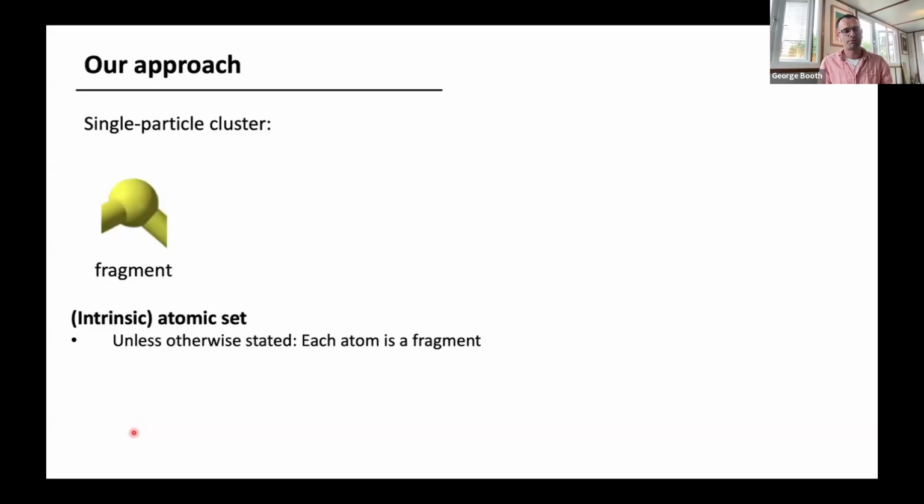Okay, so first of all, our approach to ab initio quantum embedding in this projection-based approach. We first of all need to build up this single particle cluster, and we start off by taking a fragment or an impurity degree of freedom, right? So if we're dealing with ab initio systems, I'm assuming in the rest of this talk that our fragments or our impurities, if you want to use that terminology, just consist of the valence atomic orbitals on each atom, right?